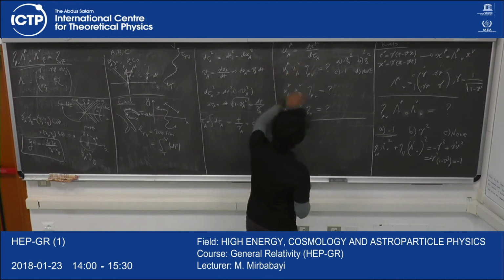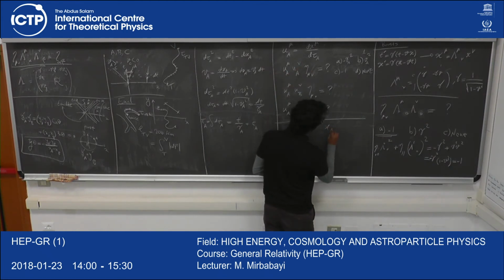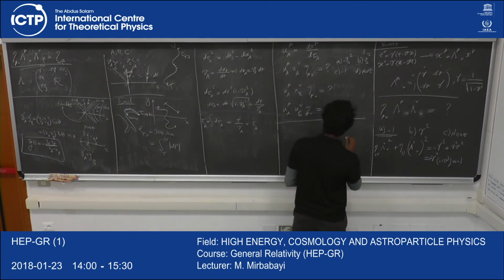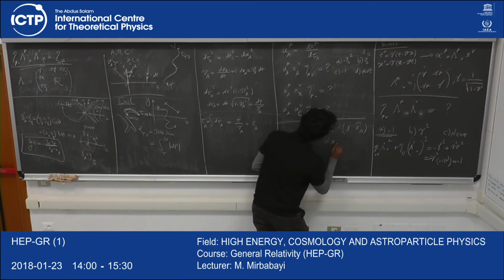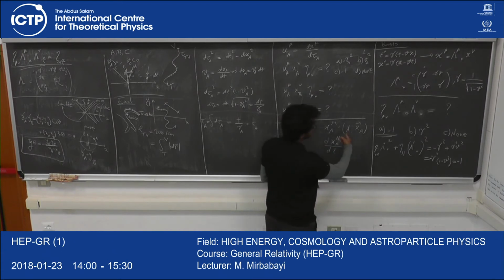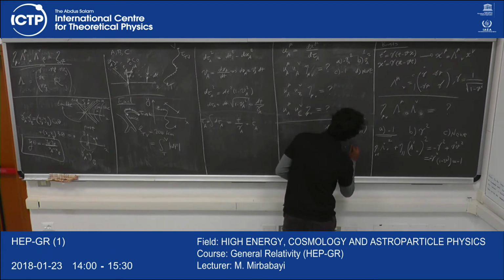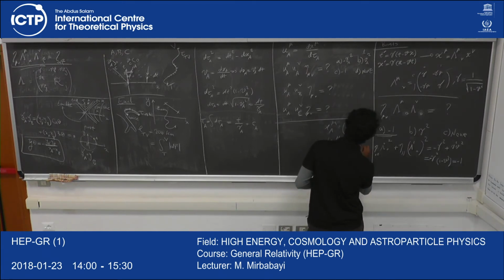X_A^mu is equal to T, and I have that four-vector X_A, with components gamma and gamma times V_A, as we calculated before for tau.